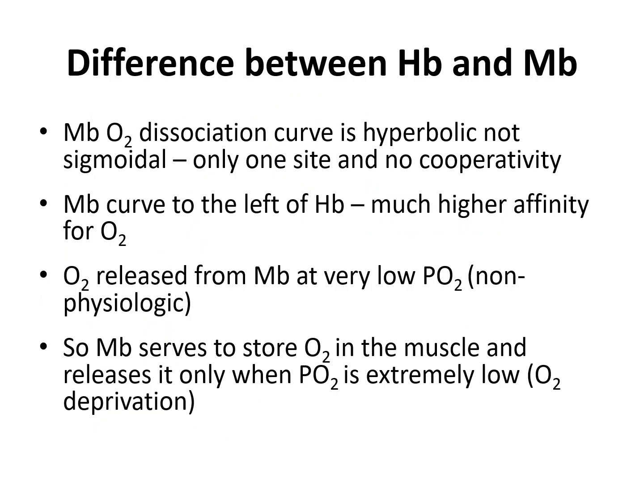So this slide simply reiterates what we have just discussed, being about the higher affinity and the hyperbolic nature of myoglobin, which makes it a poor oxygen transporter, but a good store for oxygen.